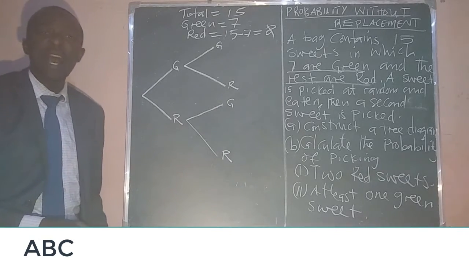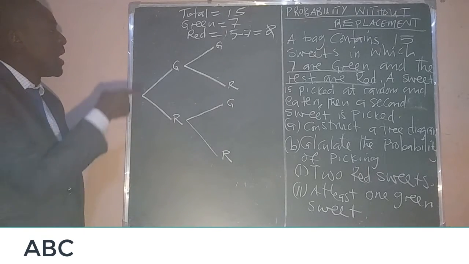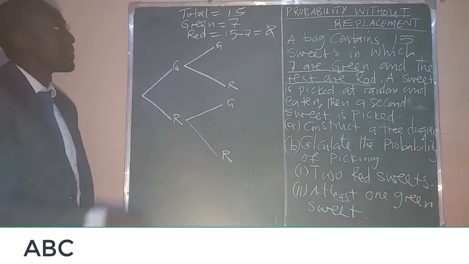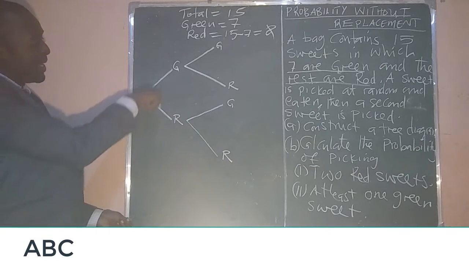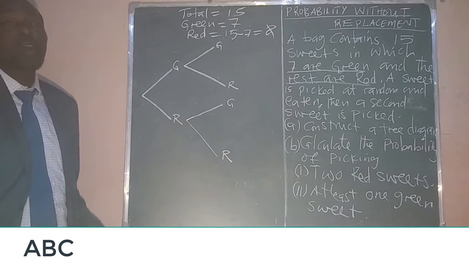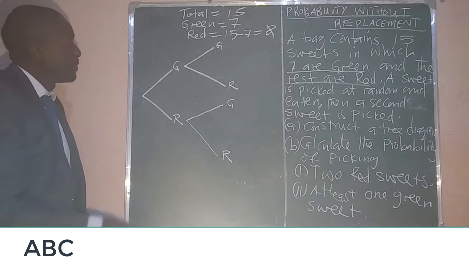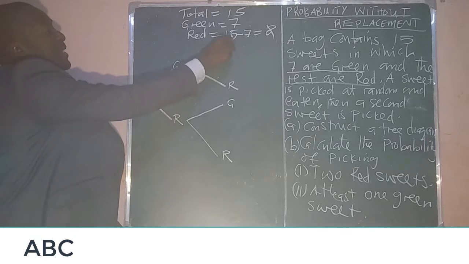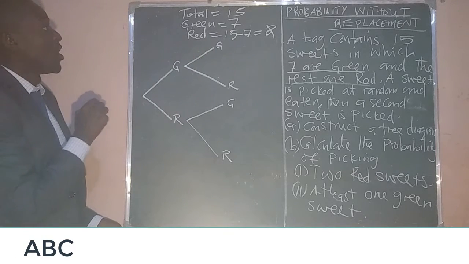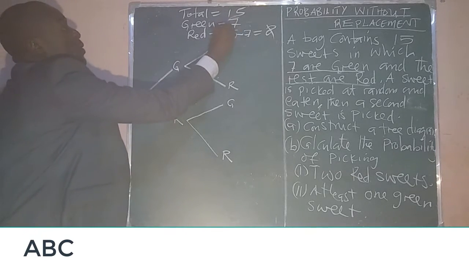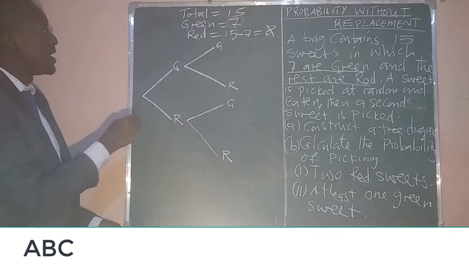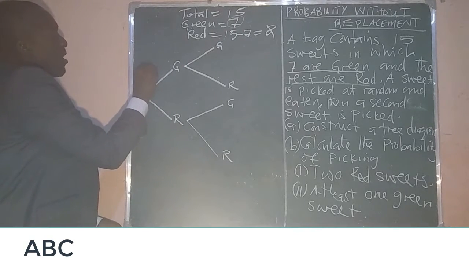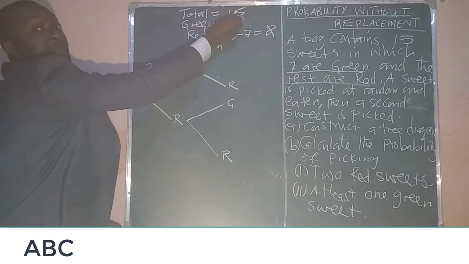Okay, so at this stage now we are going to include the probabilities. For the first one, the probabilities are easy to calculate. To find the probability of green, just check how many green sweets are in the bag. There are 7 green sweets, so you are going to have 7 over the total, which is 15.